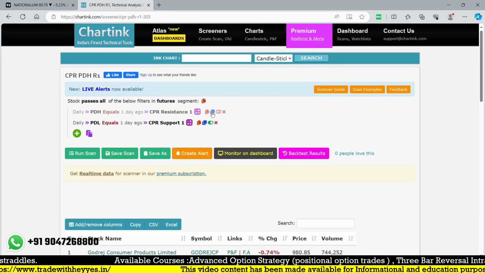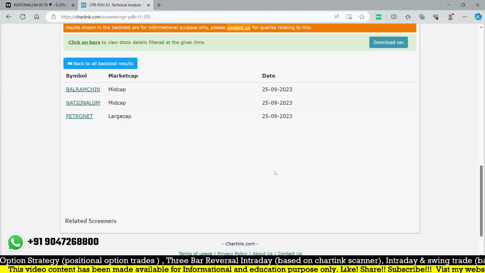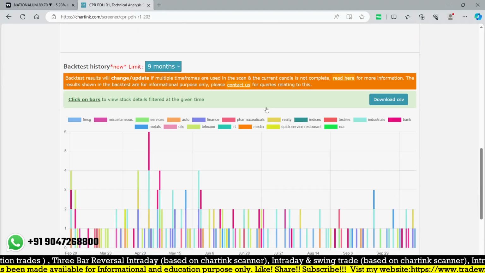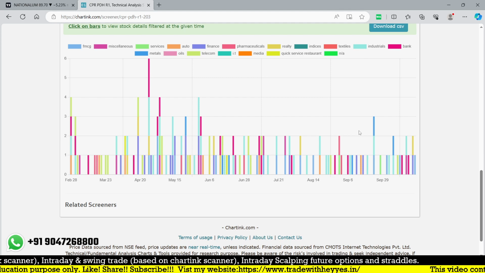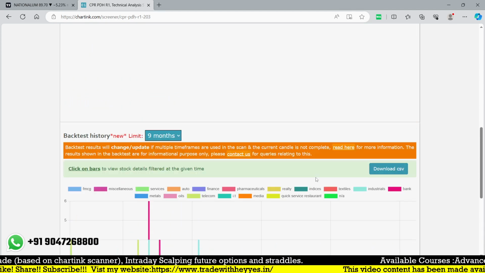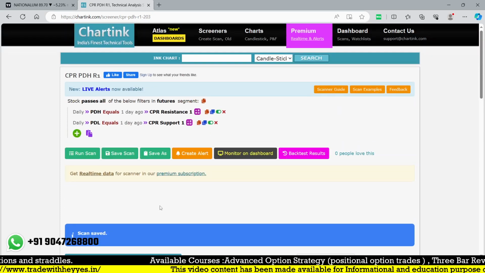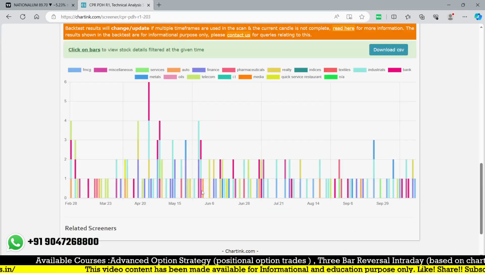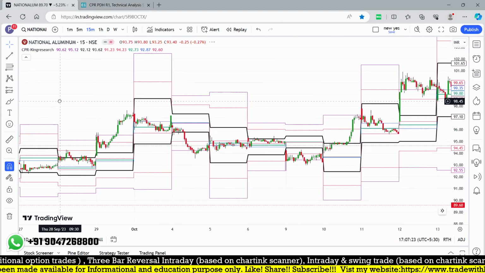So if you are adding both, we don't see any new changes. Both will filter out stocks where the previous day low and high are exactly equivalent to the R1 and the S1. So this will help you find stocks forming such a pattern, and that may be a great reversal from the top level or trend continuation that we can plan with this.